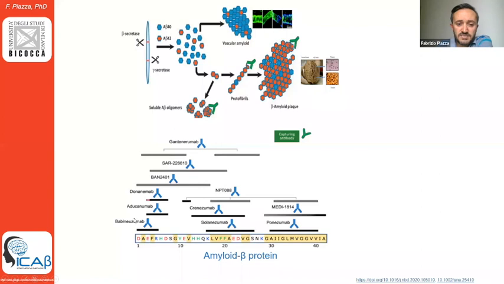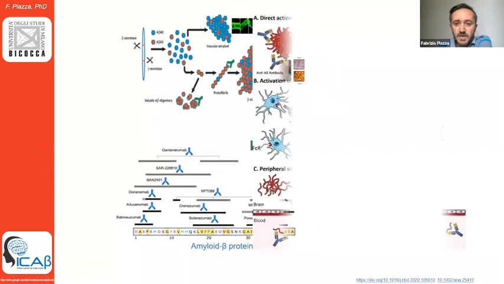This is the reason why we have different antibodies, and each of these antibodies is specific for a different epitope along the full structure of beta amyloid, which spans from amino acid 1 to 42. So each antibody can have a different effect, and they can reflect different outcomes in fighting the disease.